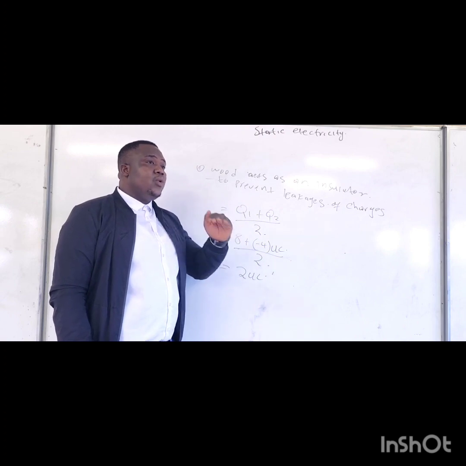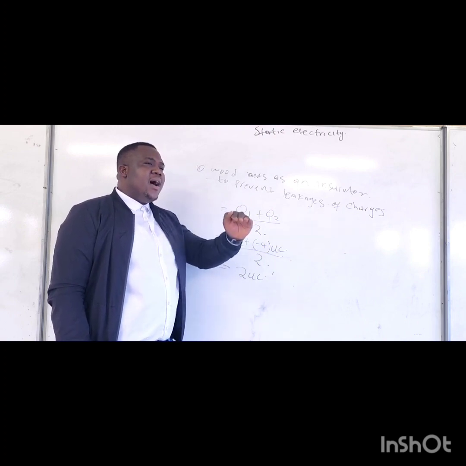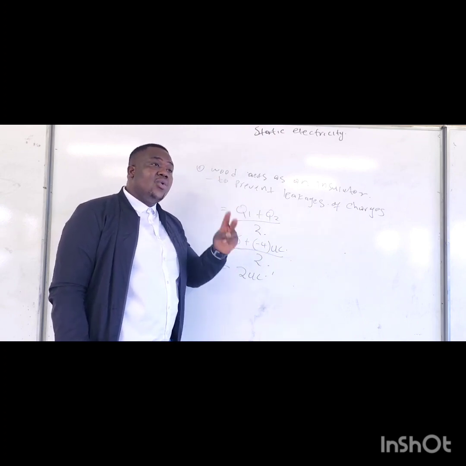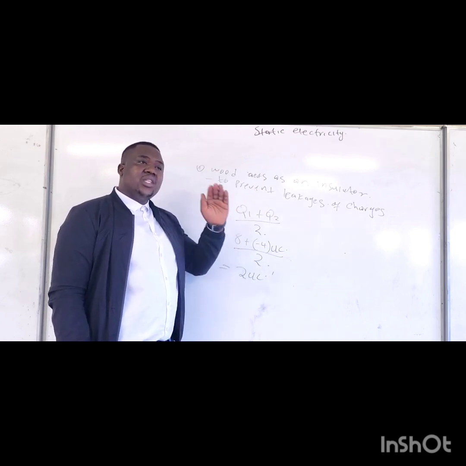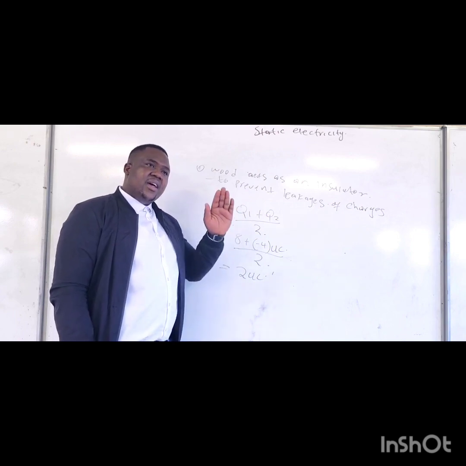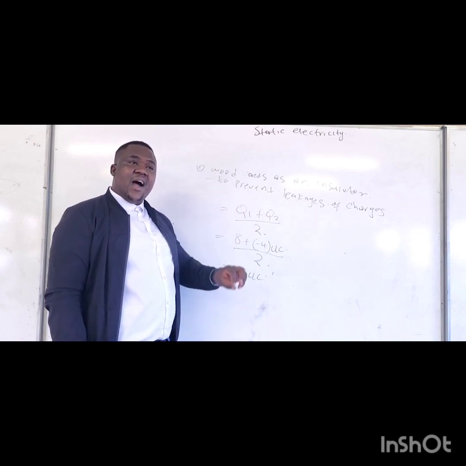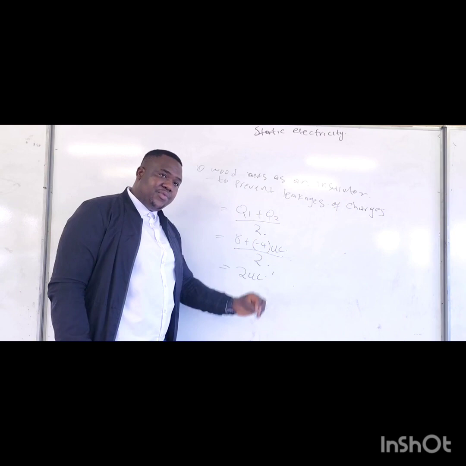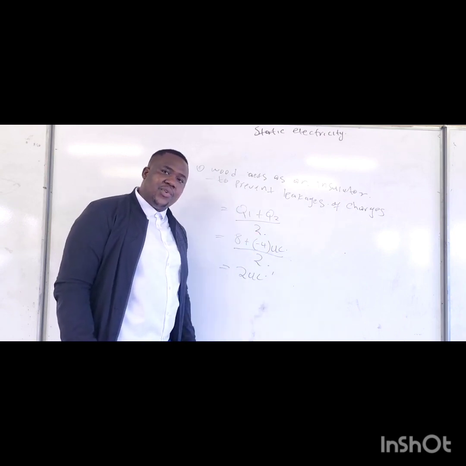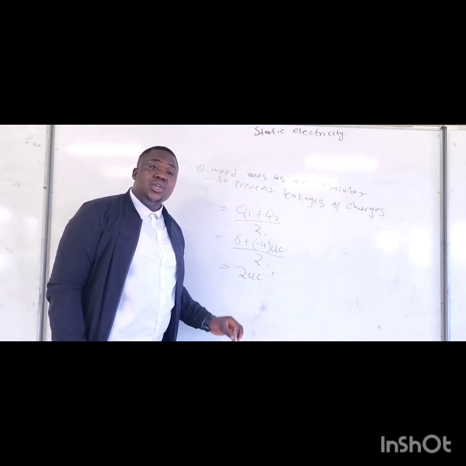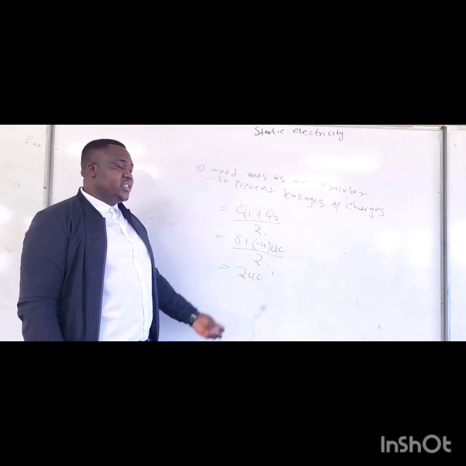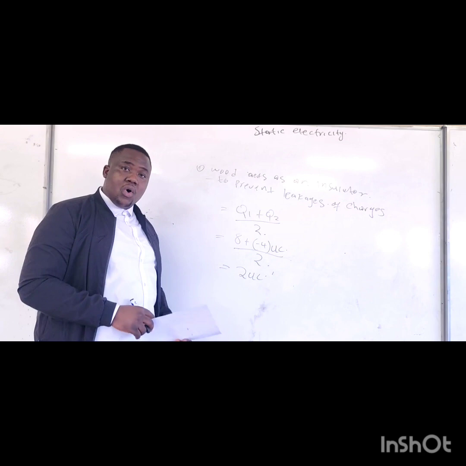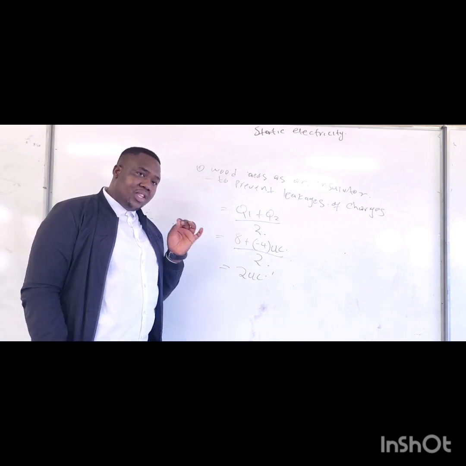So for the questions that come under the scenario where two spheres were made to touch, you treat the spheres as if they are new. You no longer have plus 8, you no longer have minus 4. You treat each sphere as having the same charge, which is 2 microcoulomb. So take note of that.